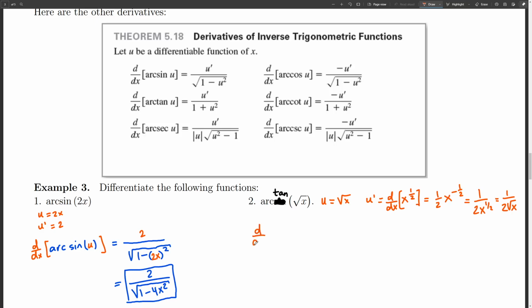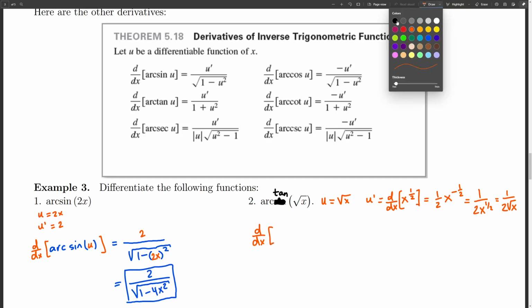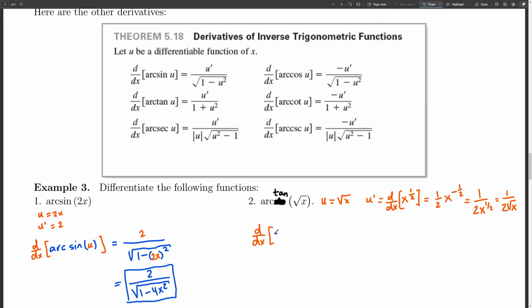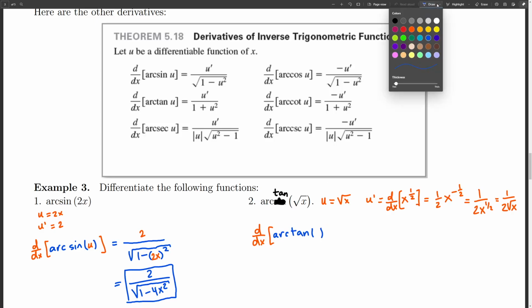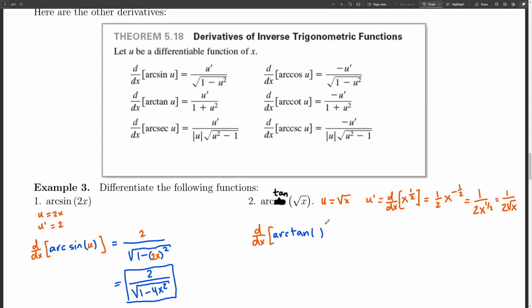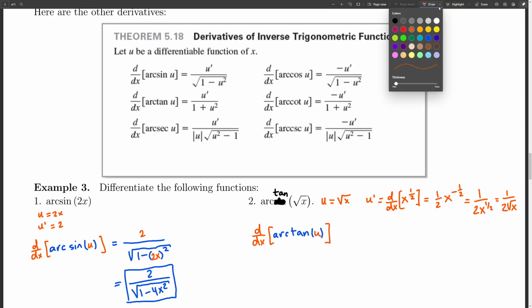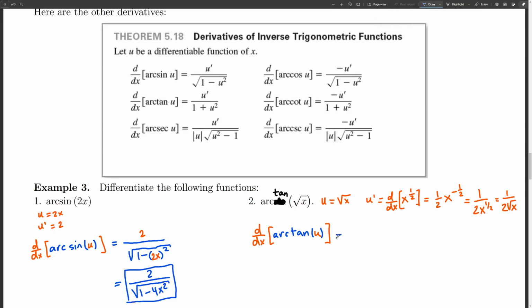So when I take my derivative of the arctan of square root of x, you can think of that as the arctan of u, right, where u equals square root of x. And then by theorem 5.18, second line here, that's u prime.